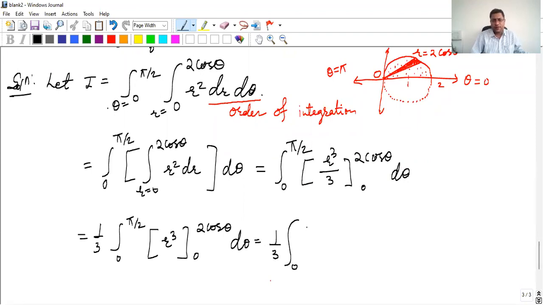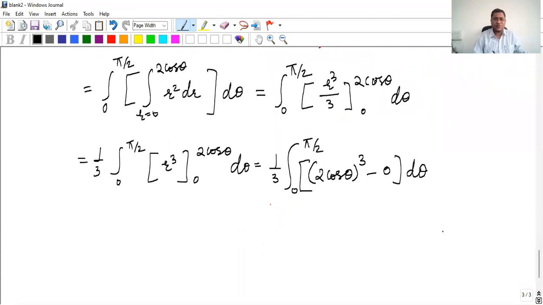So this is going to be 1 by 3, 0 to pi by 2, now here this is (2 cos theta) cubed, minus what you get when r is 0. Is that 0? Yes, sir. Okay, so what we will get here is 1 by 3, 0 to pi by 2, 8 cos cube theta d theta.